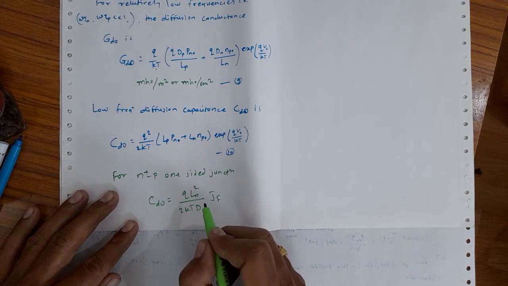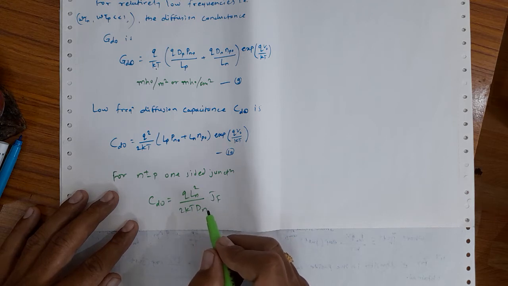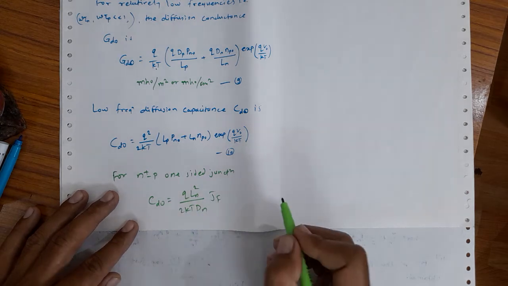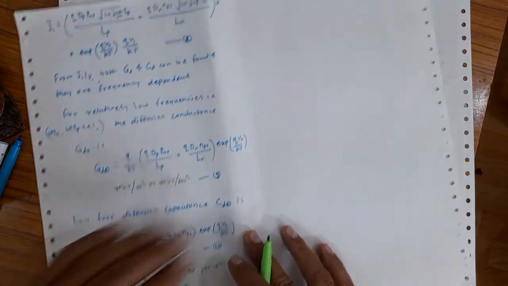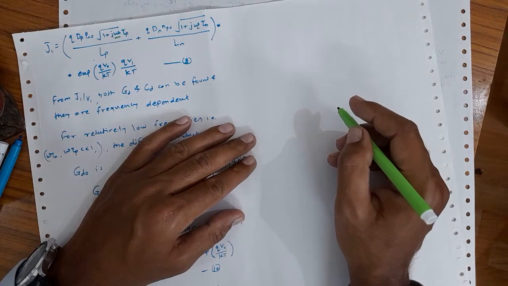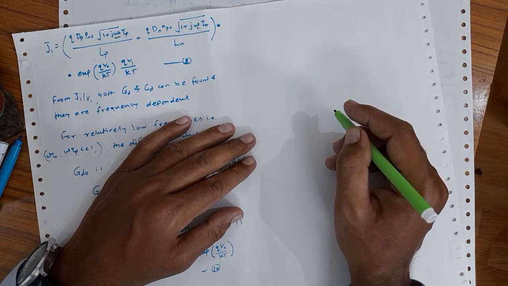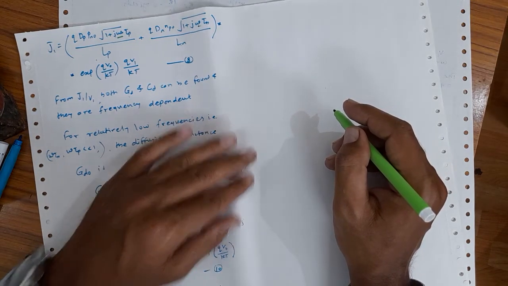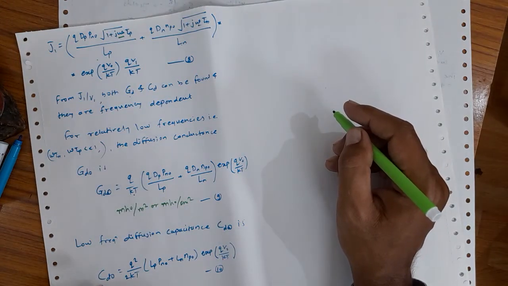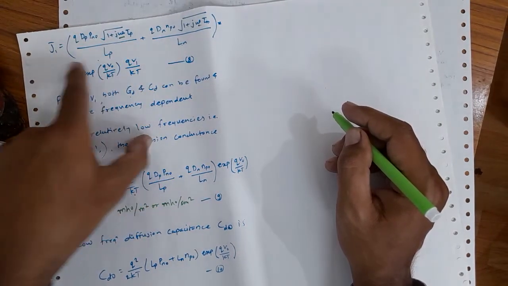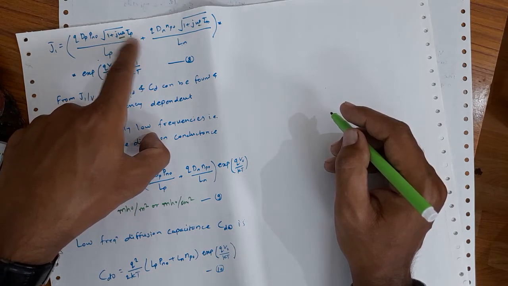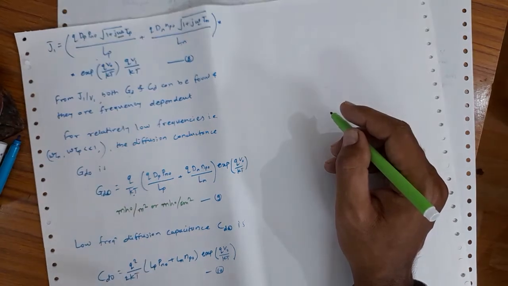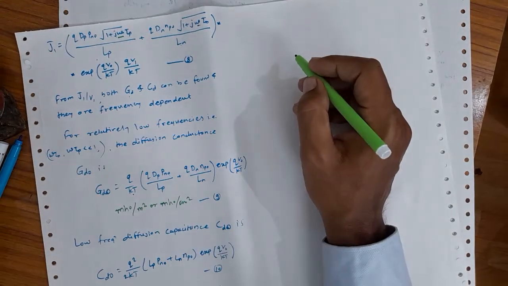The frequency dependence of the diffusion conductance and the capacitance can be shown in the figure, which I'm going to draw over here. For that, we are normalizing omega tau from the equation for J1, instead of writing omega tau p. So we are just normalizing that equation.